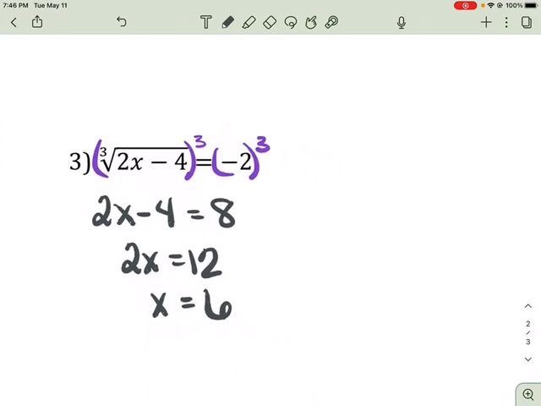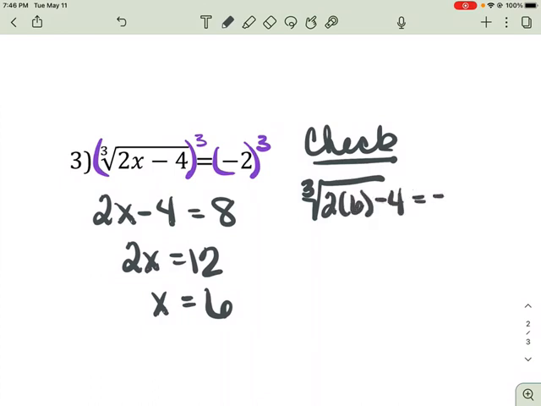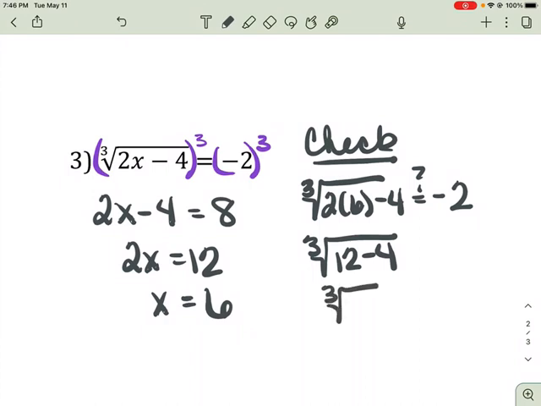So the question is, is 6 the solution to that cube root? Okay, so the cube root of 2 times 6 minus 4 is equal to negative 2. So that's our question. So the cube root of 12 minus 4, the cube root of 8, is 2.